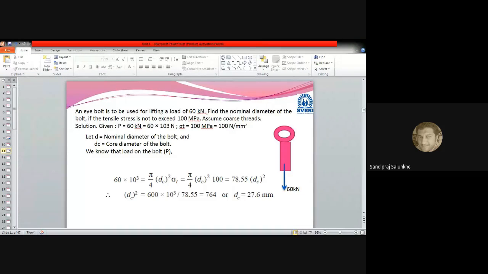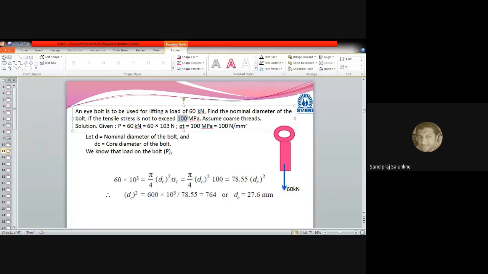We have to find the nominal diameter of the bolt if the tensile stress is not to exceed 100 megapascal. The allowable tensile stress in this bolt is given as 100 megapascal. Assume coarse threads; we are not dealing with coarse or fine threads or any other type of threads, we just want to calculate the diameter.